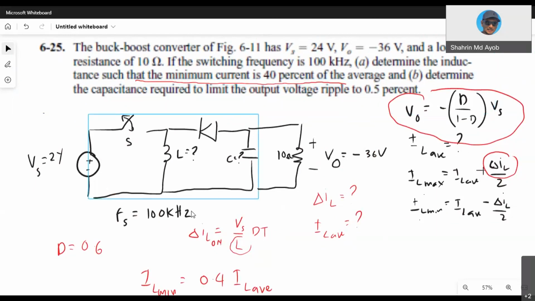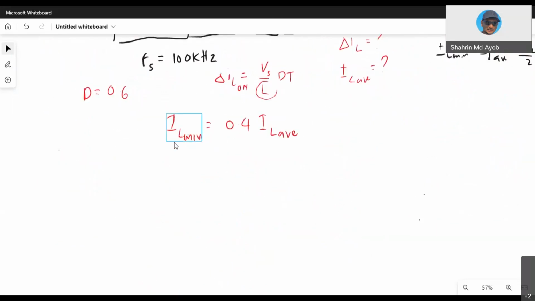So we can write that sentence as a mathematical equation: IL min is equal to 0.4 IL average.